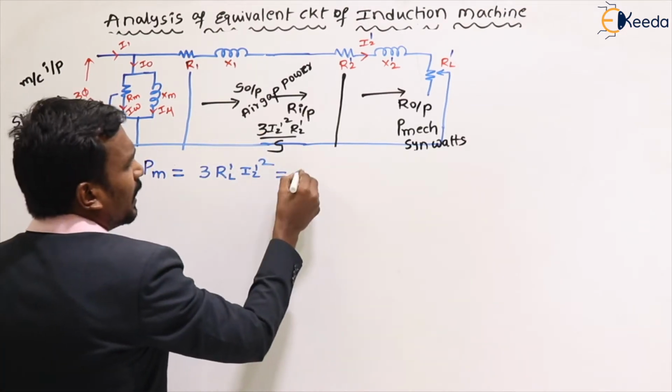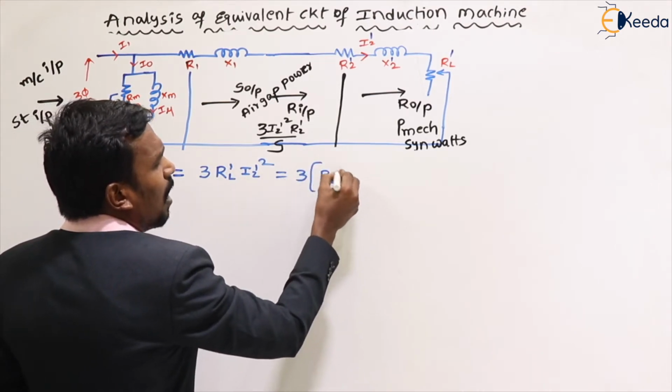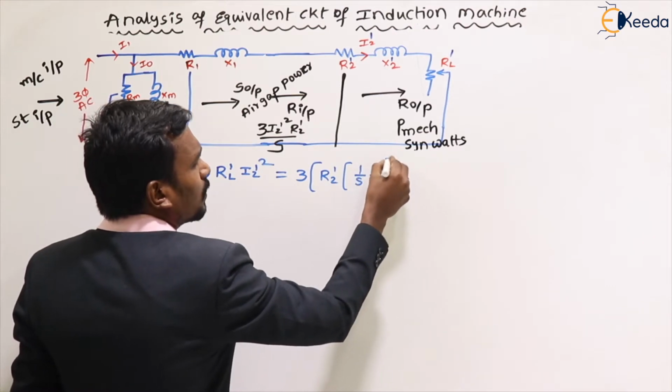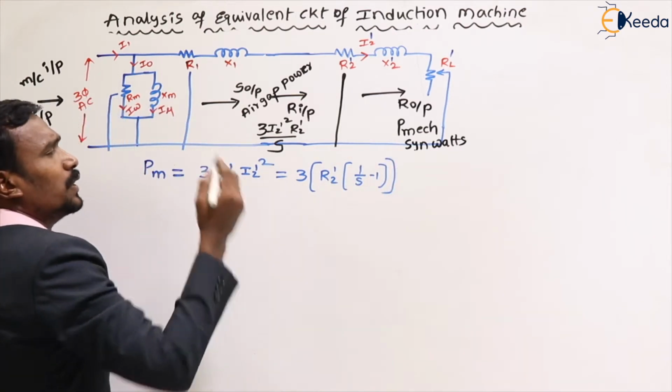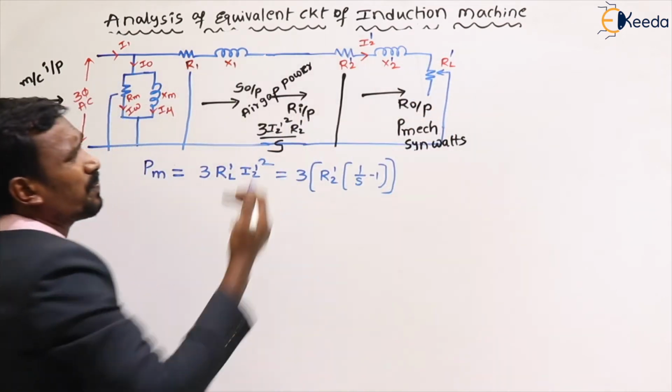So R_L' is nothing but R2' into (1/S - 1). I want this current I2'.